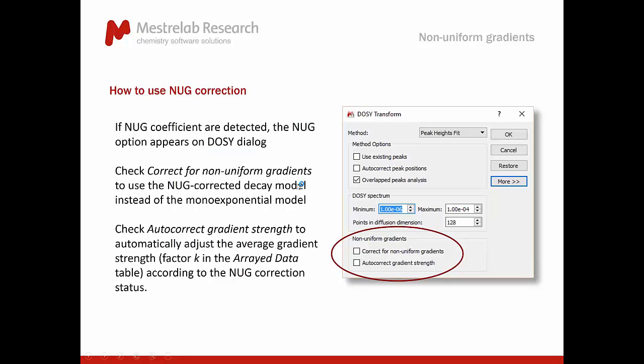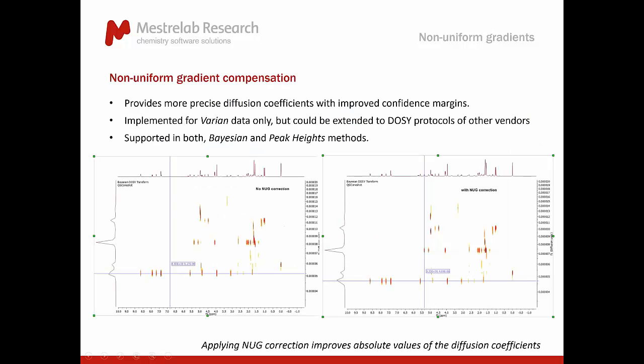Right, so what the non-uniform gradient compensation does usually depends on how big the gradient is, how non-uniform the gradients are. If they are very uniform, probably not much. But if there is a big deviation, two things can happen. First of all, position can slightly change, as we've seen on this picture. So you have more correct diffusion coefficient values, absolute values.